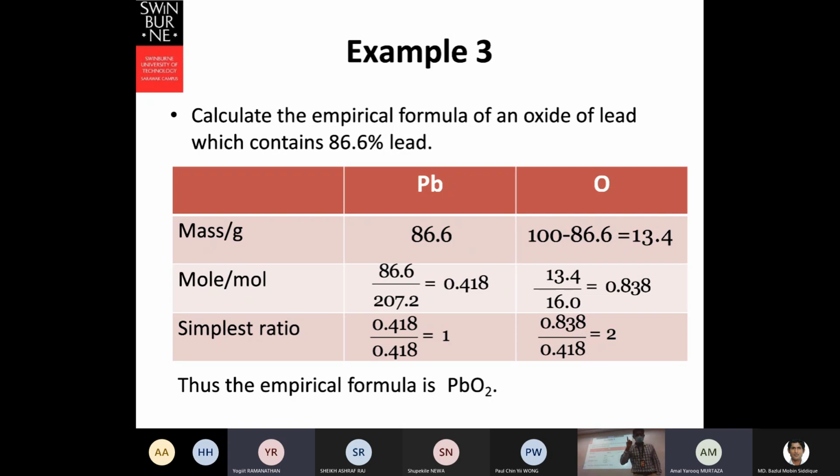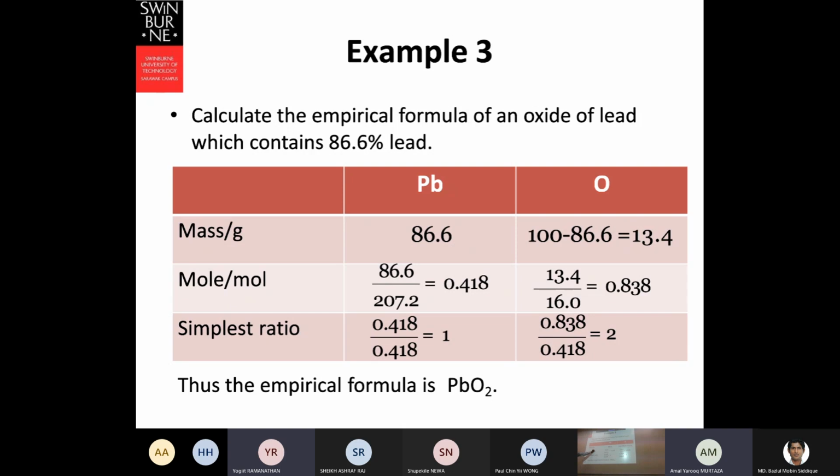First of all, the most important thing, we find the number of moles. Before that, we need the mass.